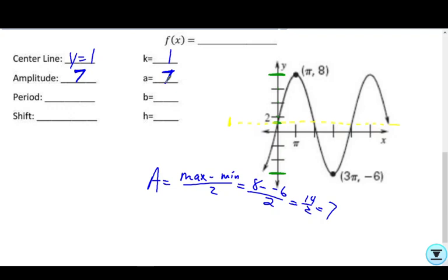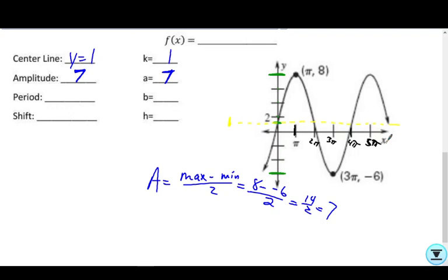Okay? Well, my function here. Each one of these marks is pi. So this is pi, this is 2 pi, this is 3 pi, this right here is 4 pi. Okay? 5 pi. So let's look at which function we're going to use.